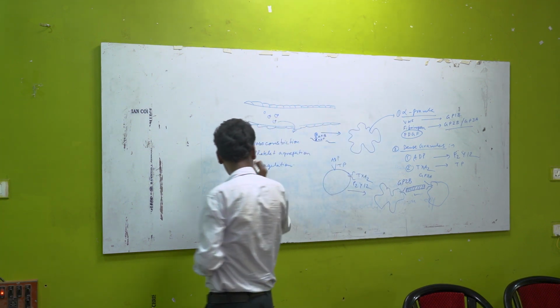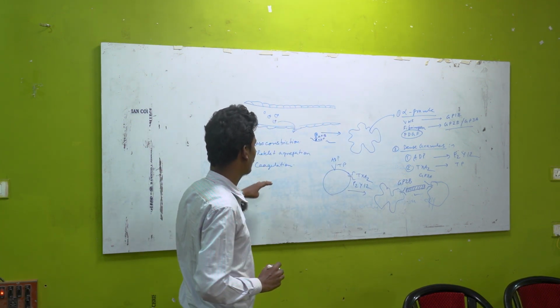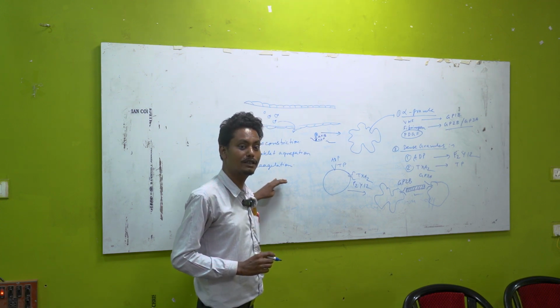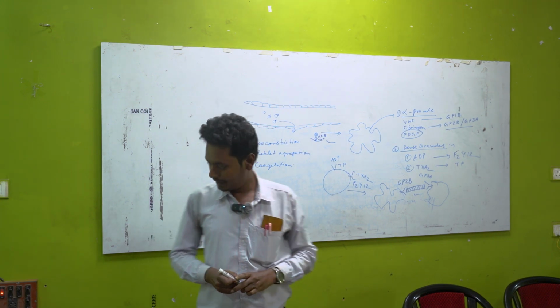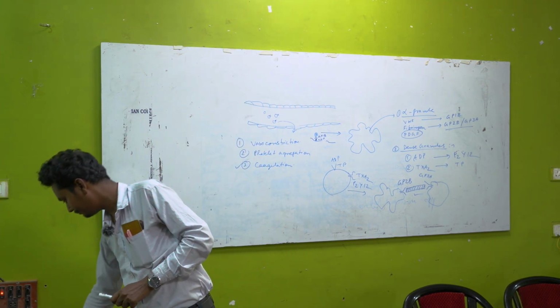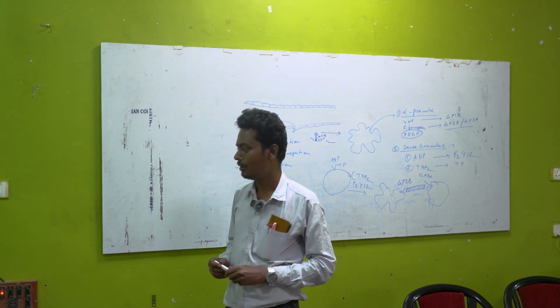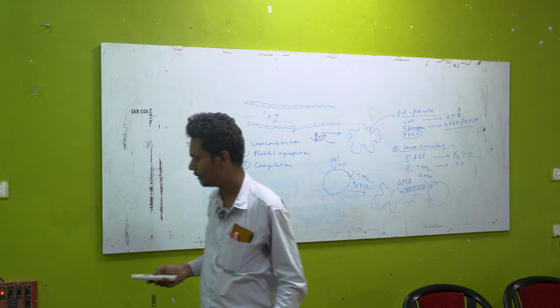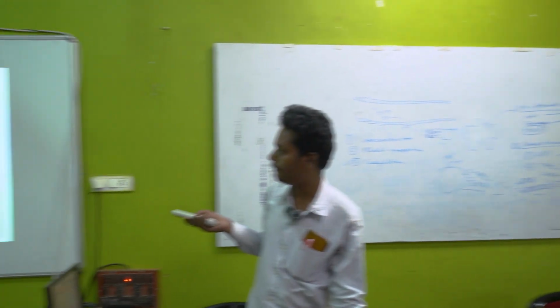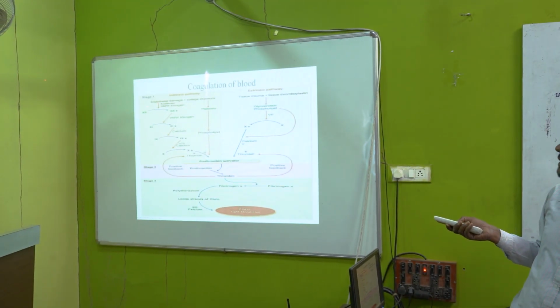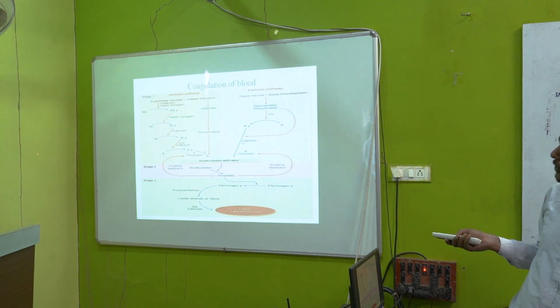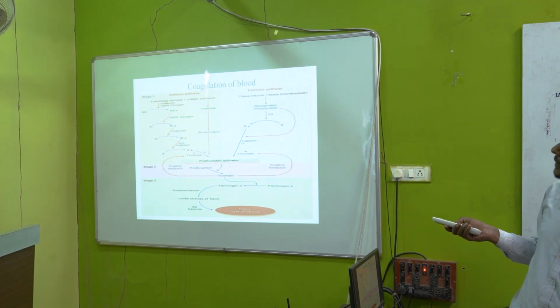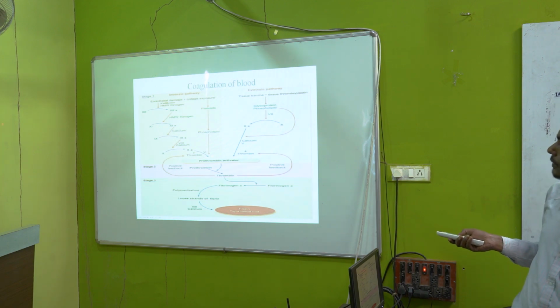And the last function of platelet is coagulation of blood, and this is the final. Coagulation of blood can be discussed in three stages: stage 1, stage 2 and stage 3. Stage 1 is associated with the formation of prothrombin activator.